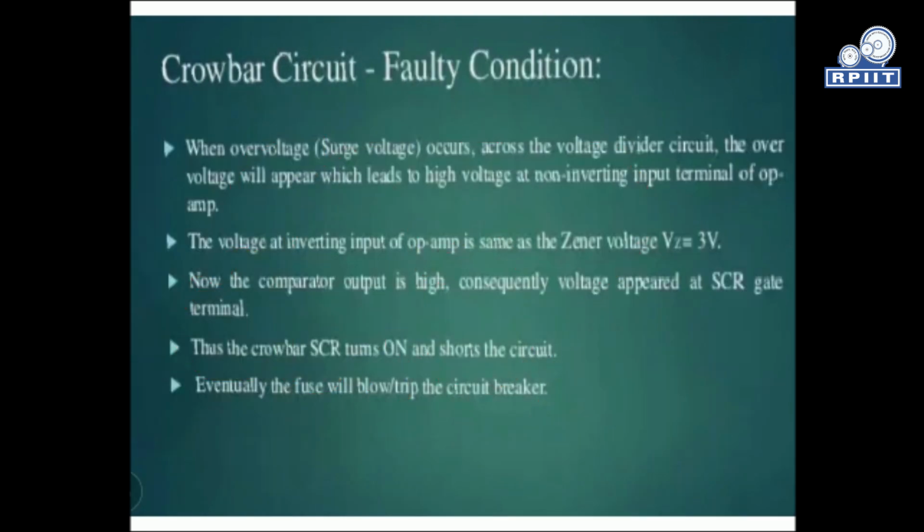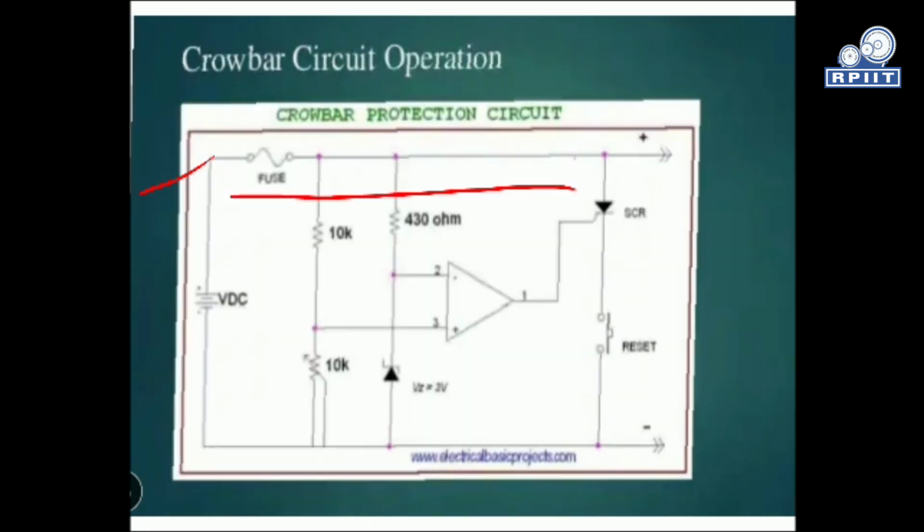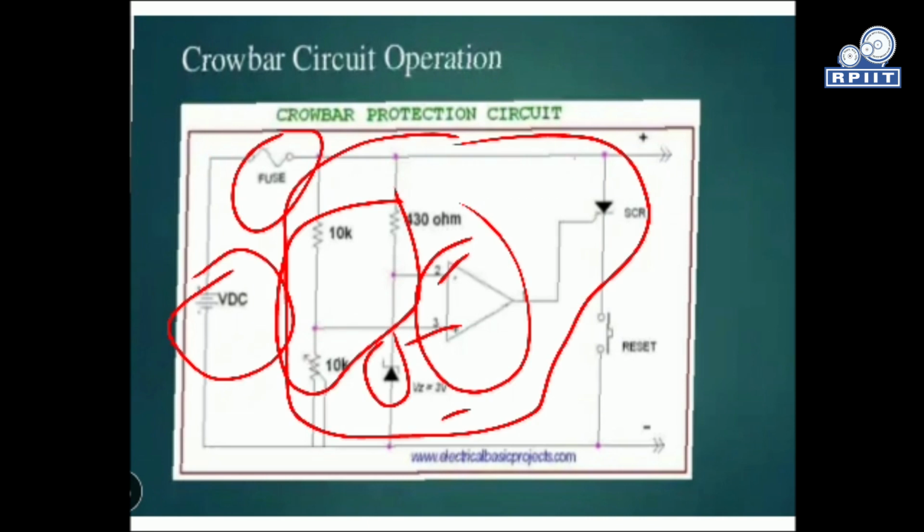When an over voltage occurs due to surging, lightning, an increase in anode to cathode voltage, or a change in load, the over voltage appears across the voltage divider circuit, which leads to a high voltage at the non-inverting input terminal of the op-amp. That is the main concern when the over voltage is present.